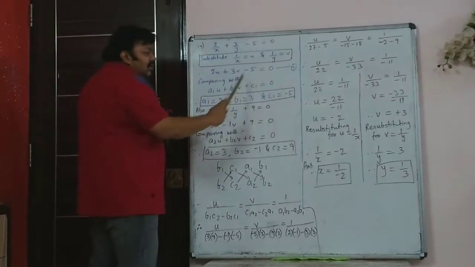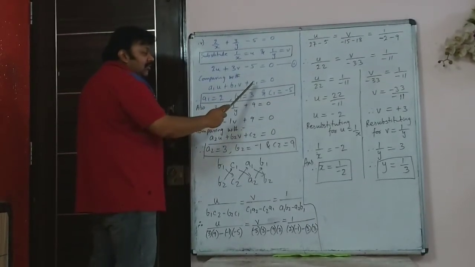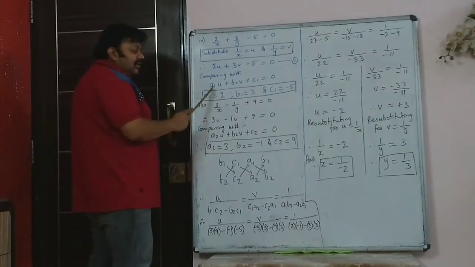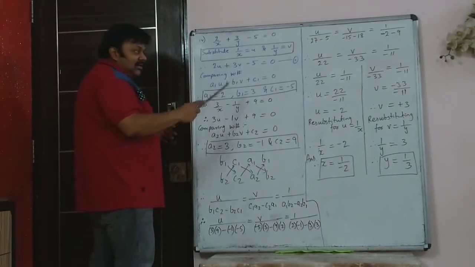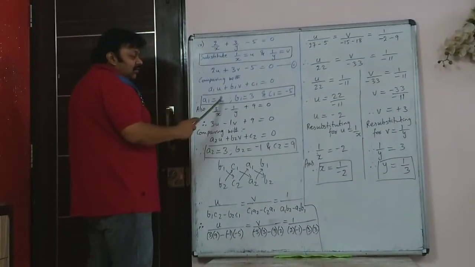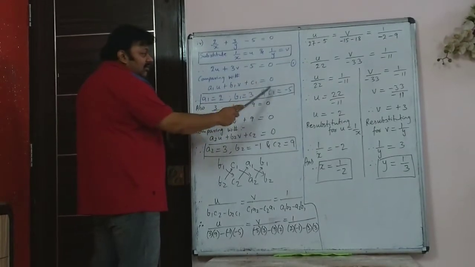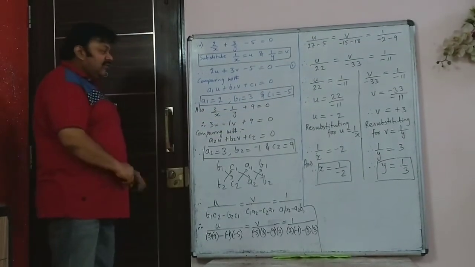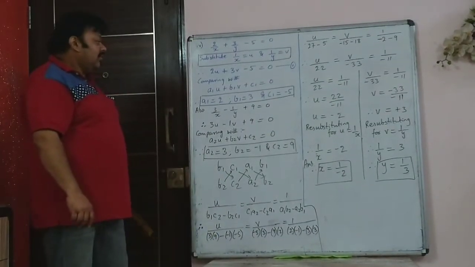So this is our standard form and we are comparing now with a1u plus b1v plus c1 is 0. Usually it is a1x plus b1y, but now we have to write it as per the substitutions. So you will get a1 is equal to 2, b1 is equal to 3 and c1 is equal to minus 5. That I have highlighted because that will be used in the formula.